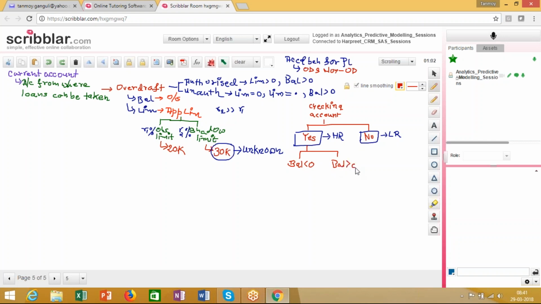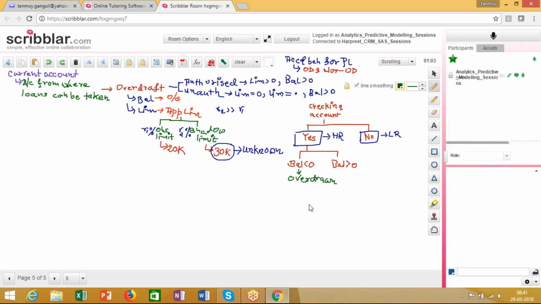So the first case over here that I can see is that this is overdrawn, right? So this is a case where this person is overdrawn.